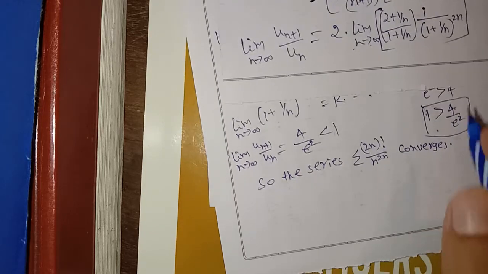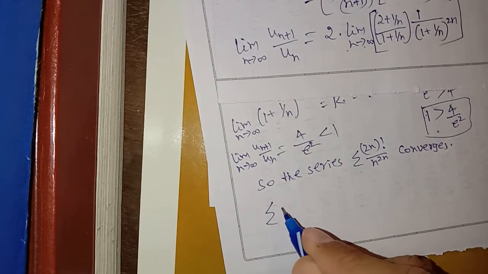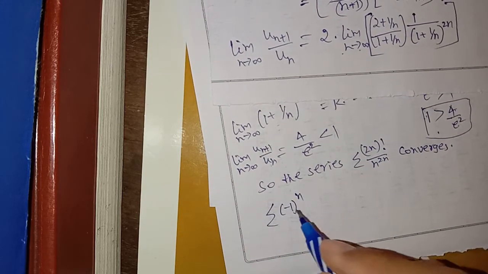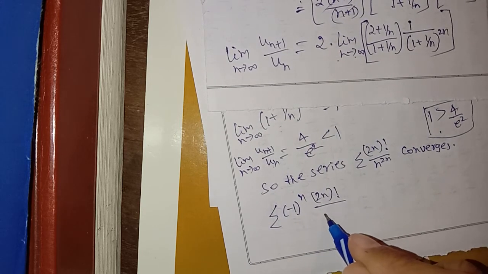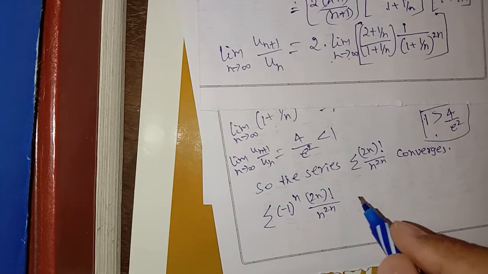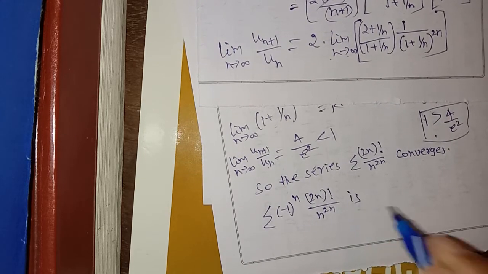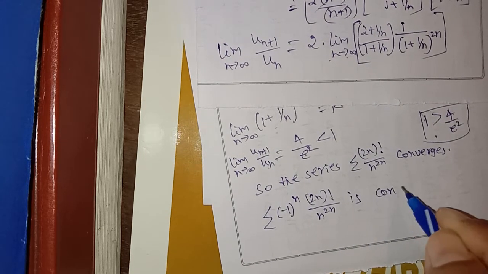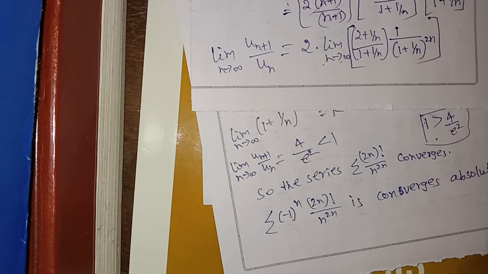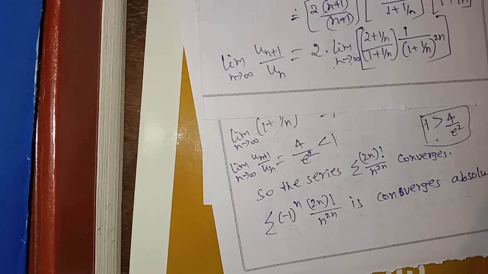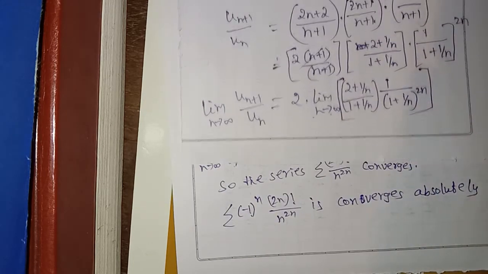Then what can we say about the series (-1)^n (2n)! divided by n^(2n)? It converges absolutely. We can say it by the Leibniz test.